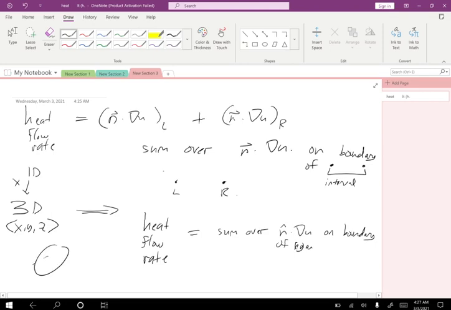Our region will be some 3D region, and our region of integration now will be the boundary, that is S. And this, of course, is just gradient U dot d vector S in our notation.